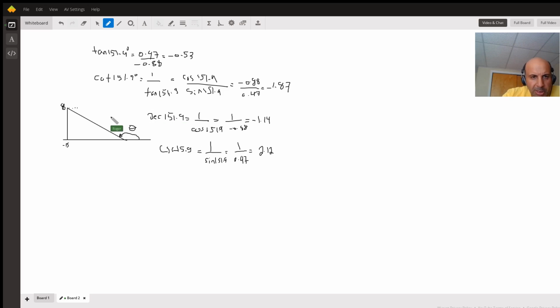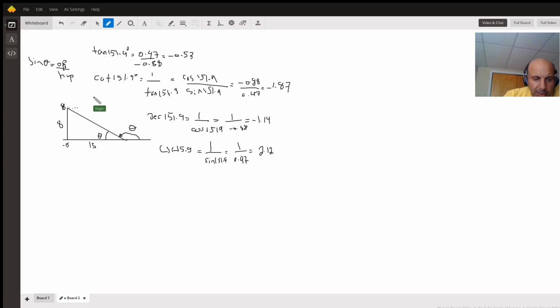So what does all this mean? Well, it's just the trigonometric ratio of any angle theta. If you take this angle theta, then sine theta is equal to opposite over hypotenuse, right? So opposite over hypotenuse. Now we know the opposite is 8, and we know the adjacent is 15, but we do not know the hypotenuse.